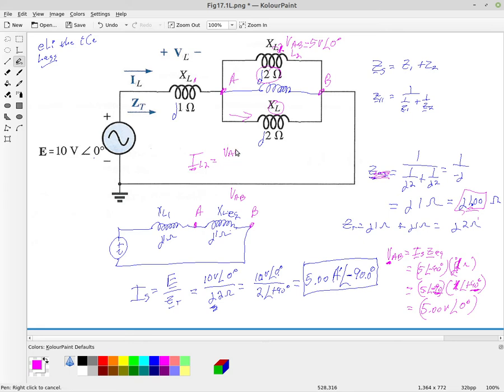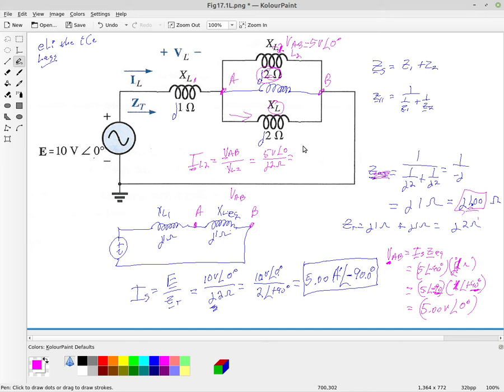In this case, the voltage is VAB because it's the voltage being dropped here. So VAB divided by the reactance, or officially the impedance, but in this case it's just a reactance, X of L2. So that's going to be our 5 volts, angle 0, divided by J2 ohms.